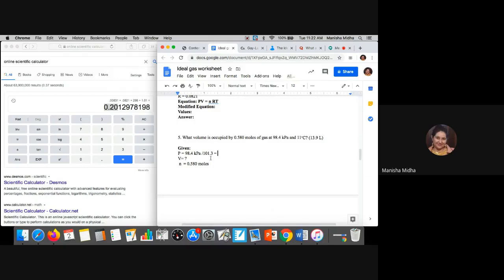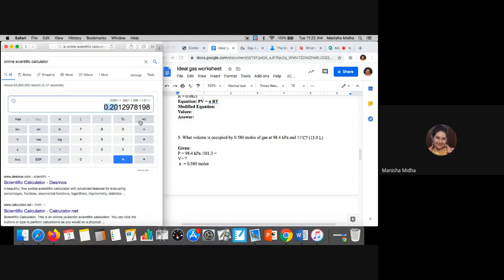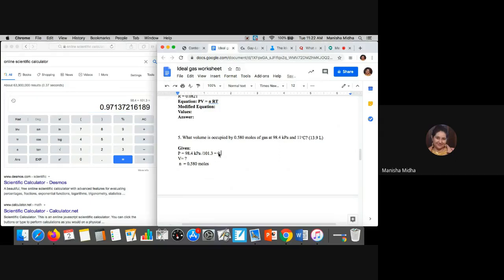So I'll do it in front of you. 98.4 divided by 101.3, that gives me 0.97. I'm going to leave it at that, just two decimal places. And now I'm going to use ATM in my equation.